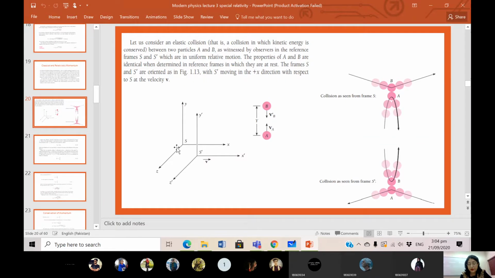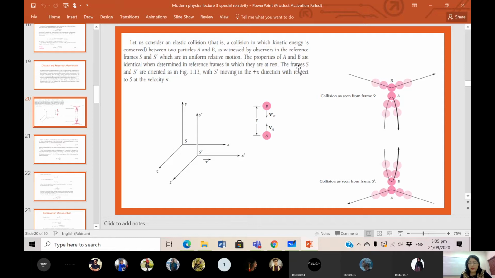So the relative velocity between these two frames is v in the direction x. Both x and x dash are parallel to each other. This frame S dash is moving with velocity v in the x direction, or x dash direction.